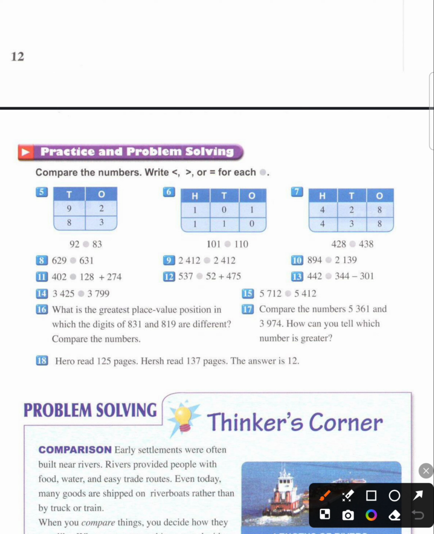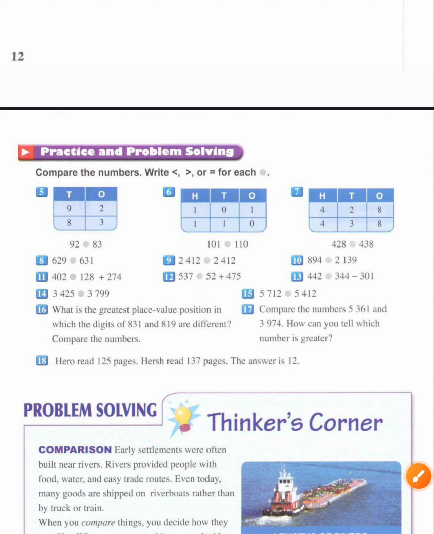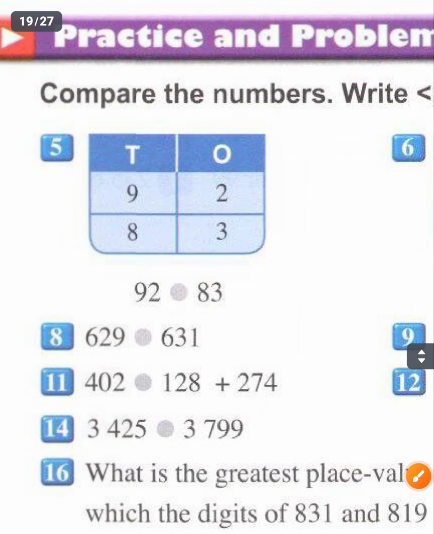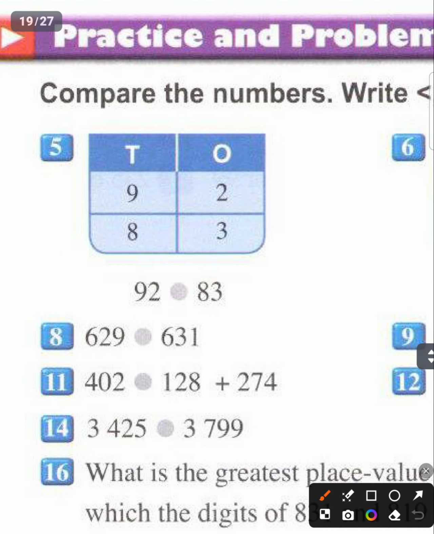Practice and problem solving. Compare numbers. Write for each. Okay. We have here numbers 92 and 83. We see the tens, 9 is more. It means here. After we go 629 and 631. It's like this. We have here 402 and this number.